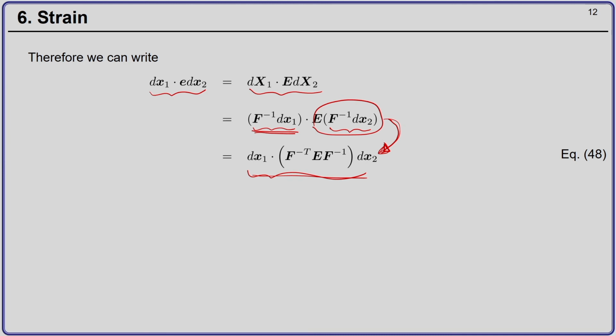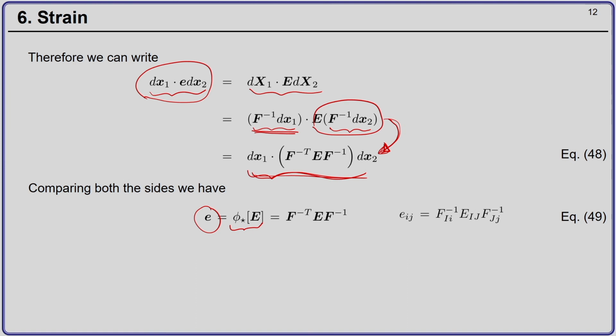So, we see that on the left hand side we have dx1 dot E dx2 and on the right hand side we have dx1 dot F inverse transpose E F inverse dx2. So, both sides are same. So, I can interpret the Euler-Almansi strain tensor as a push forward of the Green-Lagrange strain tensor.